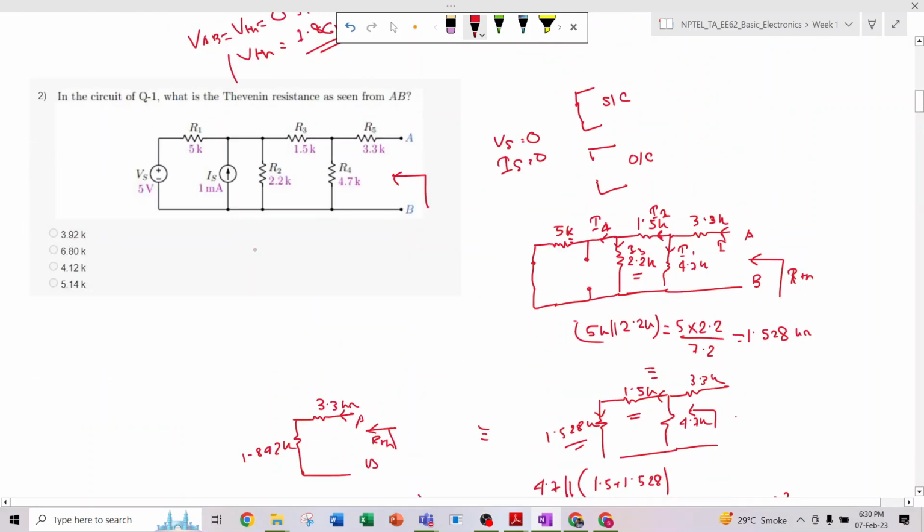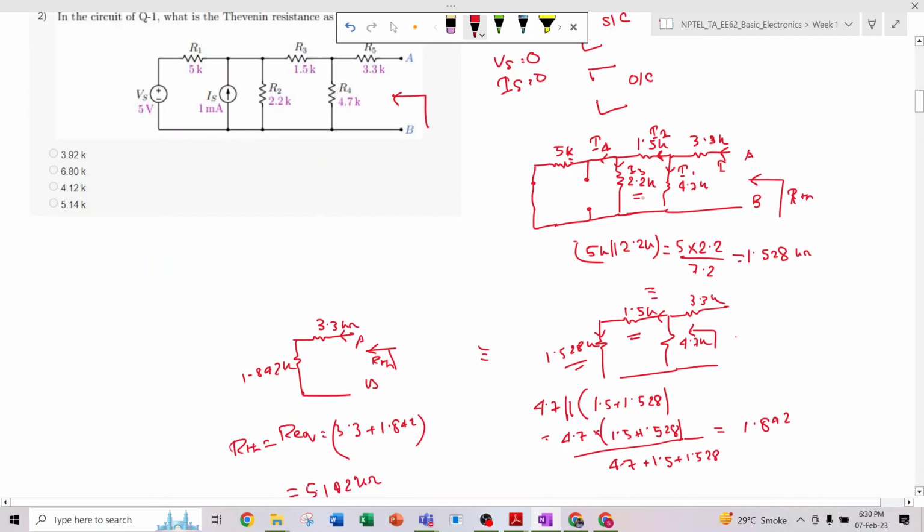So what we have done, I am just revising it. The voltage source we make short and the current source we make open. So the equivalent circuit is reduced to this. Now we are finding the equivalent resistance looking through AB. If any current flows through it, here it is dividing like I1.